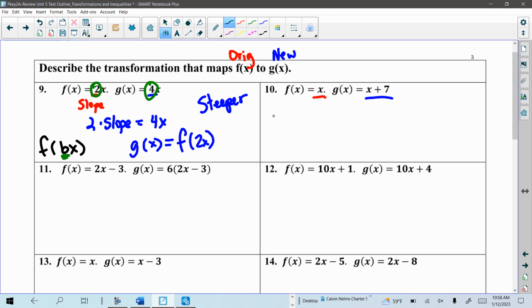No, because it's not in parentheses. This would be up 7 units, because it's plus. So this is showing f of x plus b, because we're adding 7 to the x.